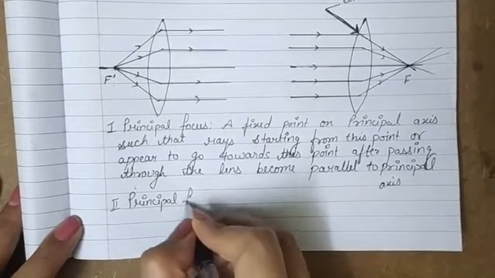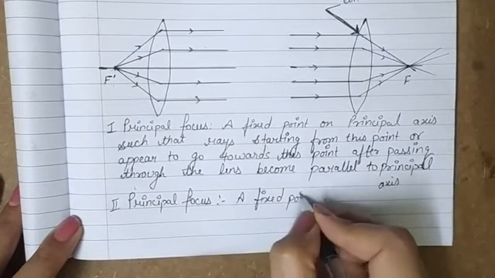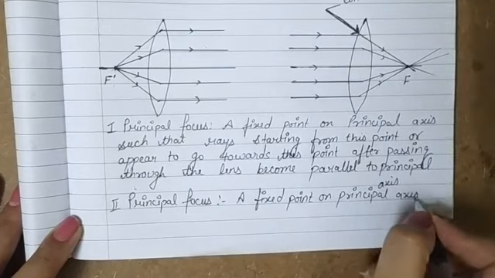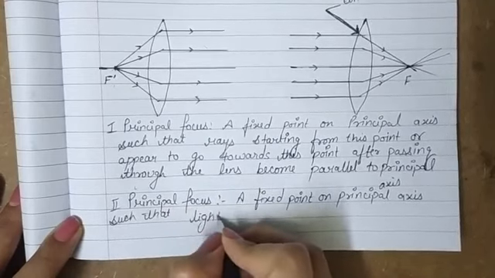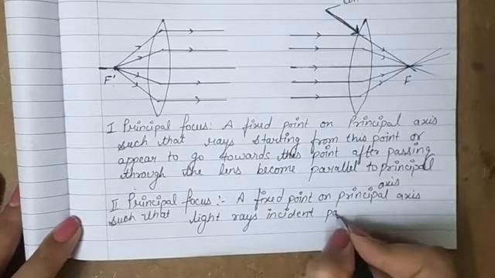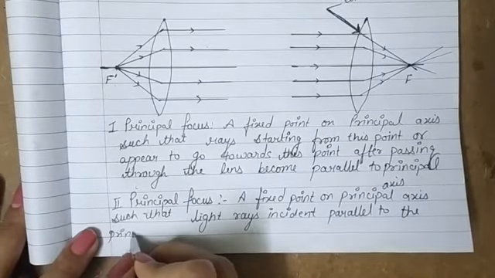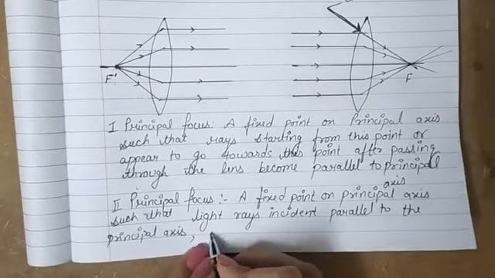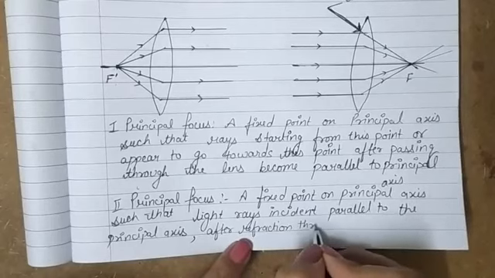So second principal focus is a fixed point on principal axis such that light rays incident parallel to the principal axis after refraction through lens.